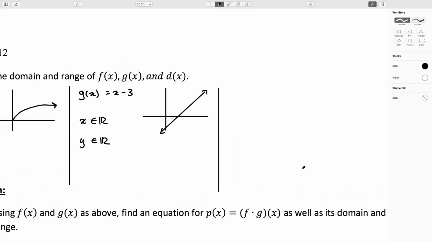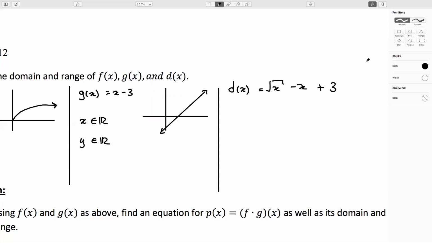Lastly, d of x, which was the function we just made. This is root x minus x plus 3. Before we graph this, we can figure out our domain. We don't need to see the graph to know what the restrictions are on x.